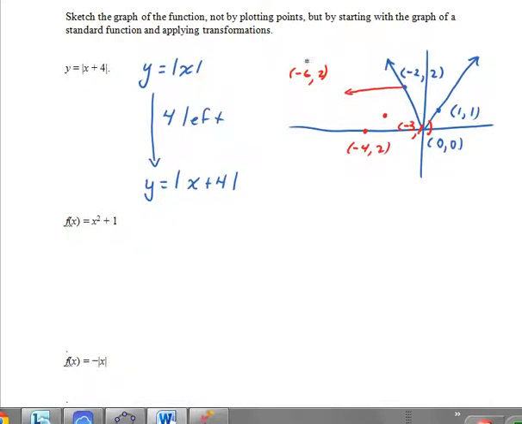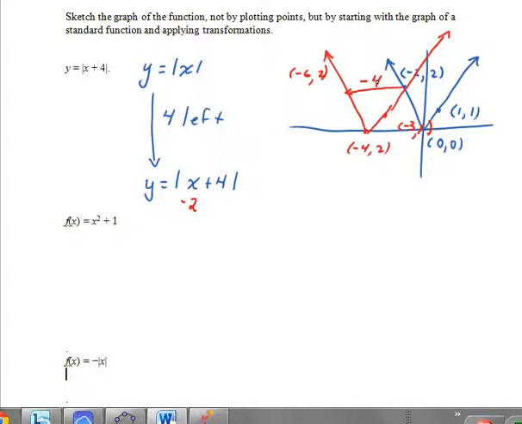And so if we join the points, notice that negative 2, 2 is actually on the transformed function, because if I put negative 2 in for x, I get the absolute value of 2, which is 2. So we have another V shape, but all of the x values have had 4 subtracted from them.